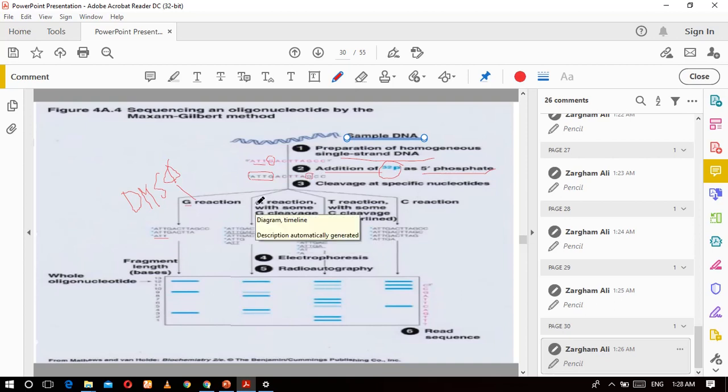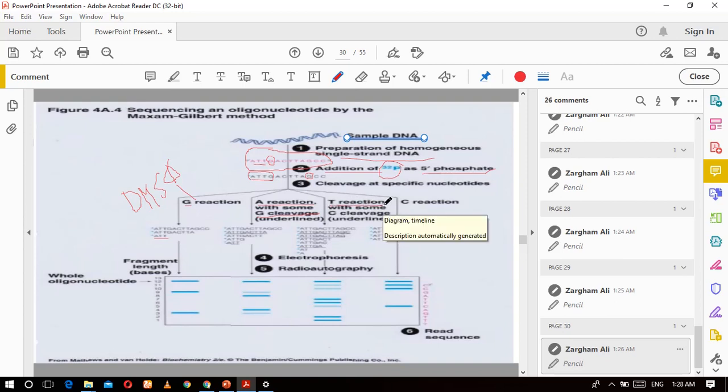The other one is the A reaction. In this DNA sequence, wherever A is present, the A nucleotide will be removed, and sometimes G is also removed there. After this, we have a T reaction.